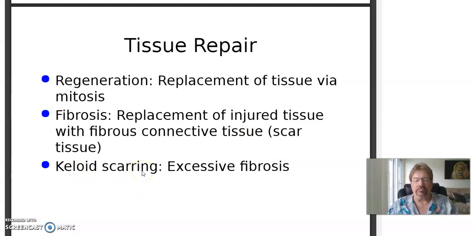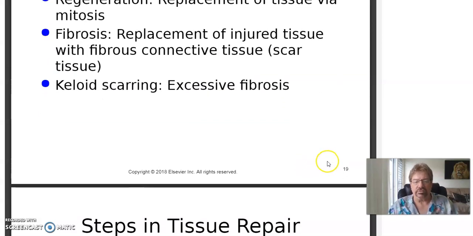Keloid scarring is excessive scarring that tends to occur in people with darker skin. It's just bigger, thicker scars. Sometimes, if they're in a highly visible area like the face or neck, it's recommended they get plastic surgery. A plastic surgeon can go in there and remove that without making it proliferate, get worse.